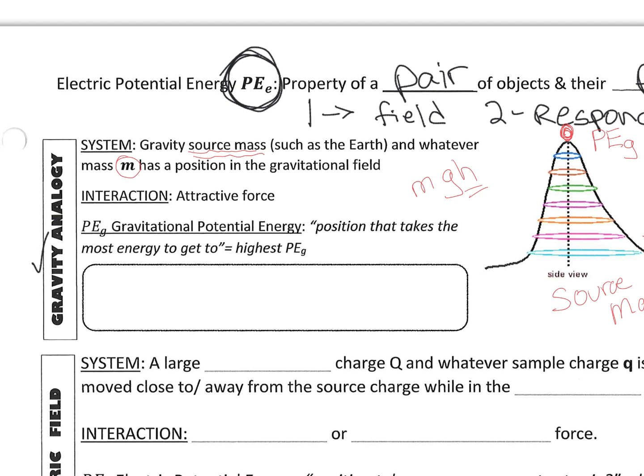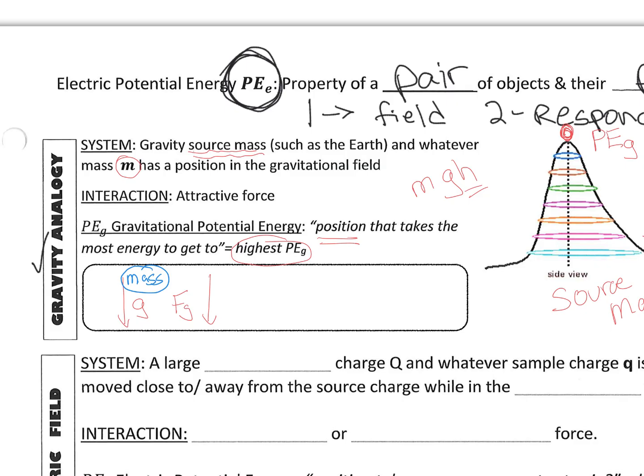So the gravitational potential energy is really a measure of what position causes the object to be at its highest. And since the g field is here, and the force of gravity kind of goes in this direction, then, I'm going to grab a slightly larger pen here, if you take a mass and put it on this side of the g field, basically away from the source, up here, it seems to store energy.